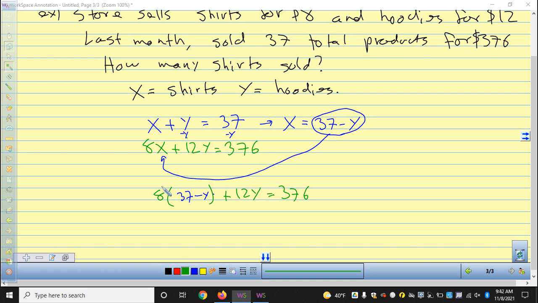And now we're doing the same process we did in the last problem. I distribute: 8 times 37 is 296 minus 8Y plus 12Y equals 376. Combine my like terms, negative 8Y plus 12Y is 4Y.